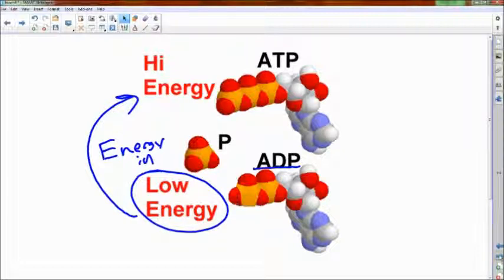Just like it takes energy to take a mousetrap and pull it back and then hook it, it takes energy to cram that other phosphate on the end to make the ATP. So certain processes in the cell are going to be able to take that phosphate and cram it on. It takes energy to do that, but then that means that energy is stored here. So right here, we have a storage of energy.